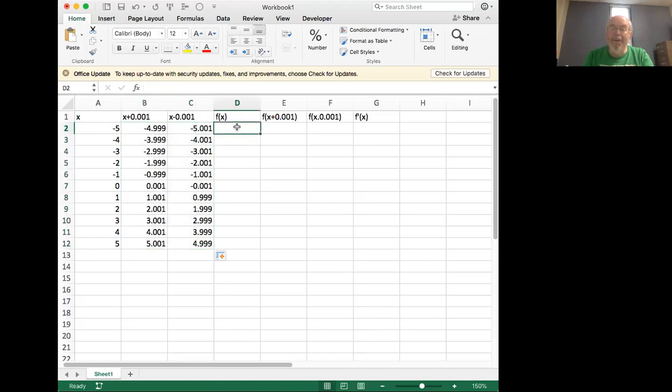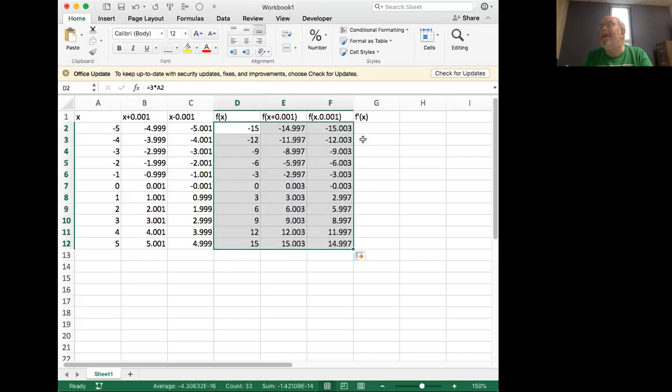Now I'd like to do the function, and in the first case we said f of x was equal to 3 times x, or 3 times whatever was in A2. The reason for setting up this is obviously I want to quick fill down, but then I'd like to quick fill across.